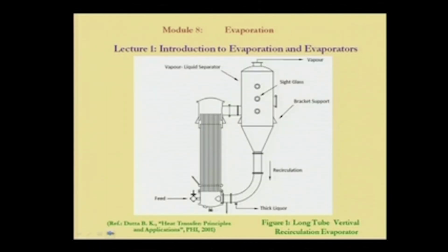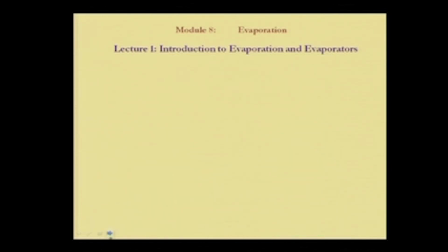Okay. So, this is a long tube vertical, you can see here with a recirculation. So, things are getting recirculated here. So, long tube vertical recirculation heat exchanger. Now, there is another kind of heat exchanger, the forced circulation.